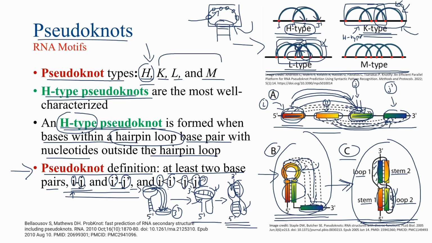And lastly, you can do the same thing for the M-type pseudoknot. You can imagine that this right here is your H-type pseudoknot with some complications that are added here so that you have an M-type pseudoknot. And this concludes this module on RNA secondary structures and motifs.